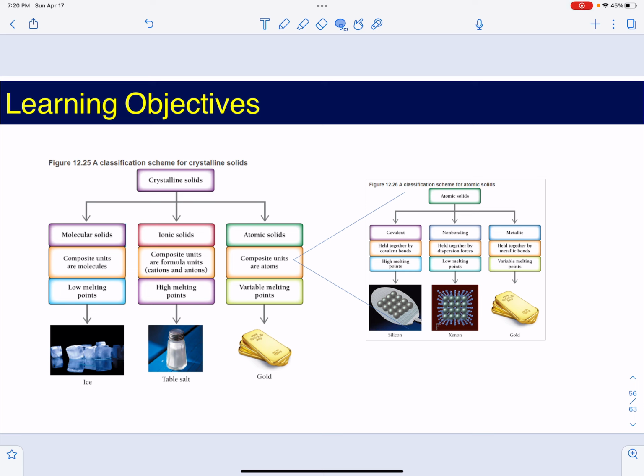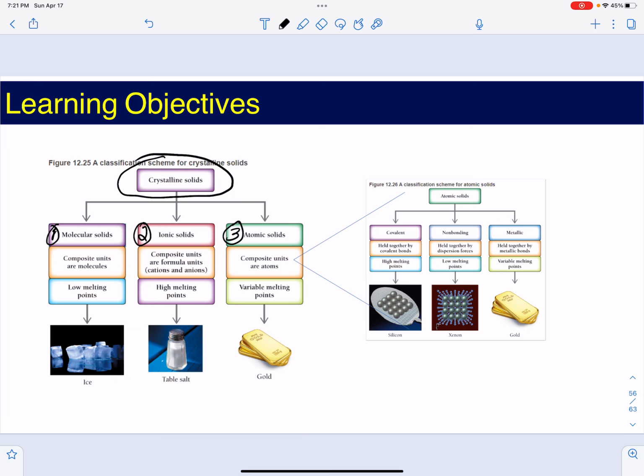So when we talk about solids, and we're just talking about crystalline solids, not the amorphous, there are going to be three types of solids: molecular solids, ionic solids, and atomic solids.